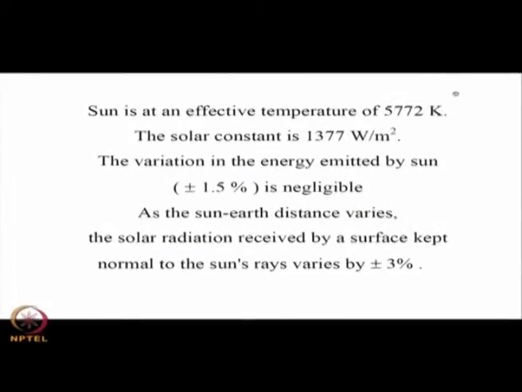And sun has an effective temperature of 5772, the solar constant which we already said as 1377, and as the sun earth distance varies, the solar radiation received by a surface kept normal to the sun's rays will vary by plus minus 3%, that is 1 plus 0.033 cos 360 n by 365. Cosine function will vary between minus 1 to plus 1. So, that is about 3%.